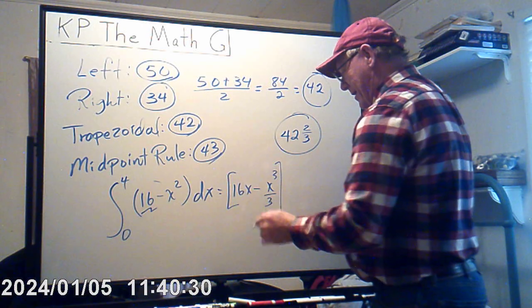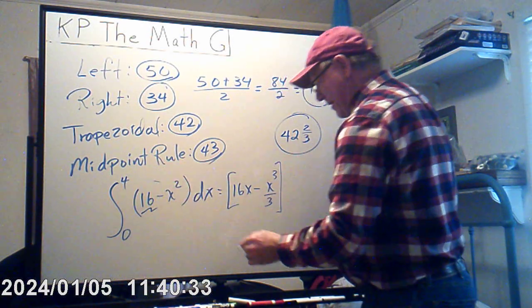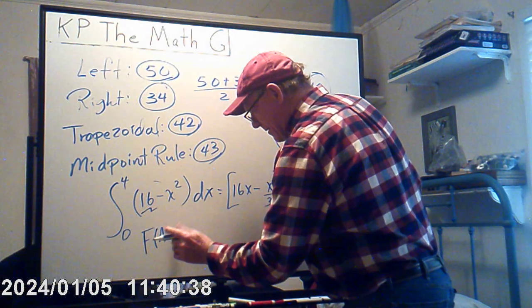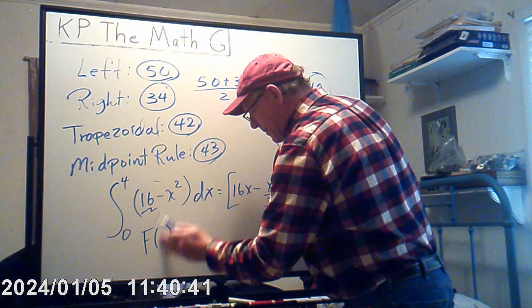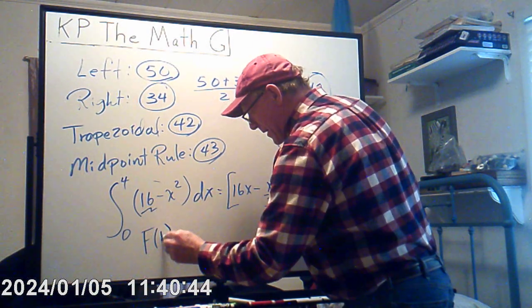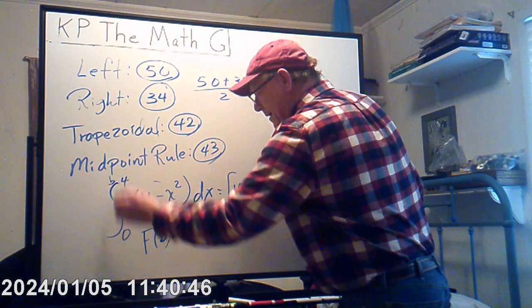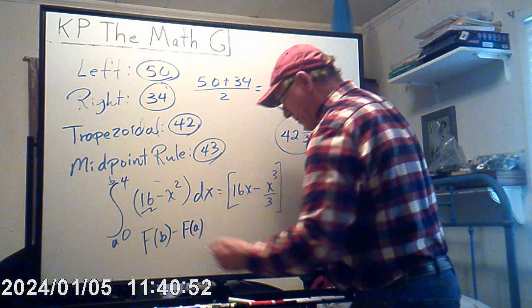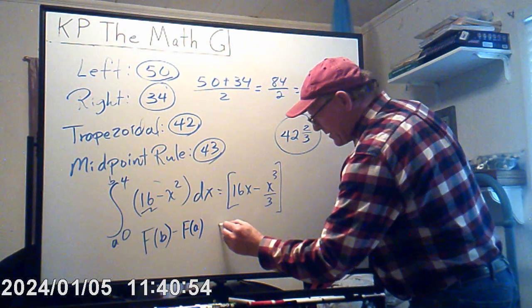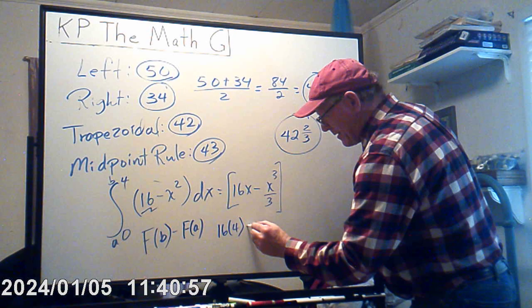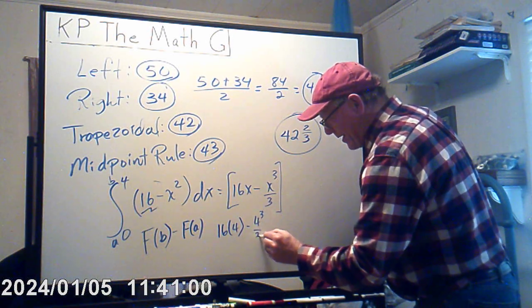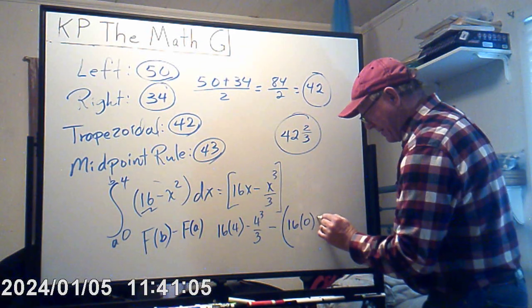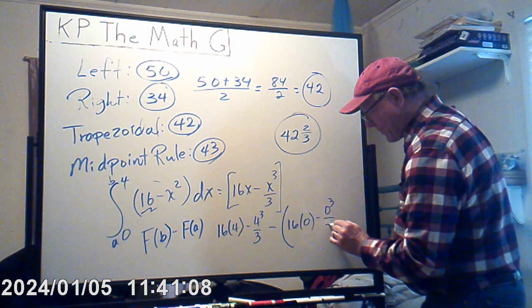And if you plug in both 4 and 0, it is actually F at B minus F at A, if we call this B and we call this A. So what we got here is 16 times 4 minus 4 cubed over 3, minus 16 times 0, 0 cubed over 3.